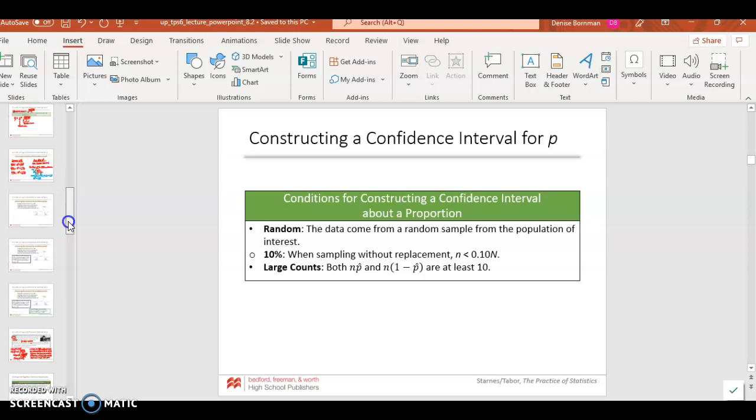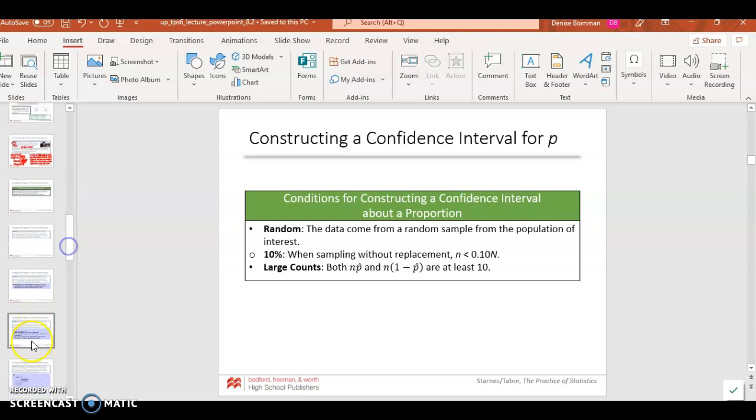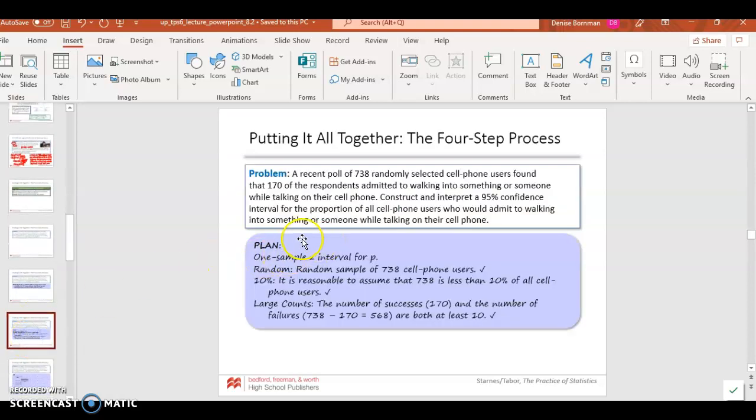That's what I do in the plan. And a little bit of flexibility in naming the test. Technically, this is a 1 sample Z interval, but you could easily put confidence interval for a population proportion. Or confidence interval for a proportion is even fine. Okay, that's what we're doing here.